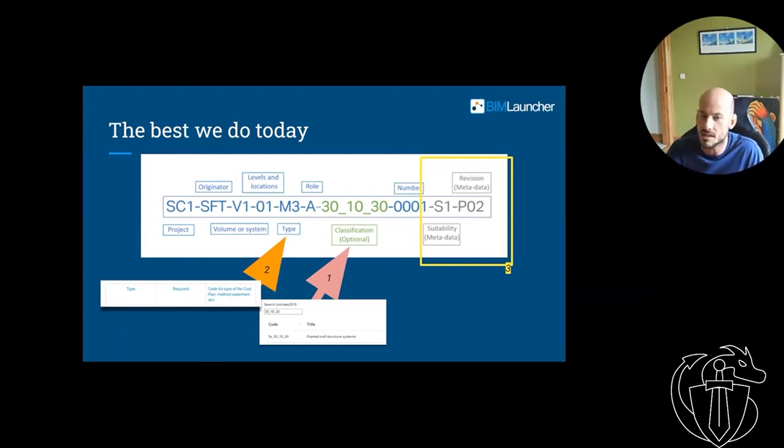This needs to be looked up in the BIM execution plan, is project defined, and would typically correlate to the Uniclass project management or forms of information tables. Some examples for the types are cost plan, method statement, drawing, and so forth.